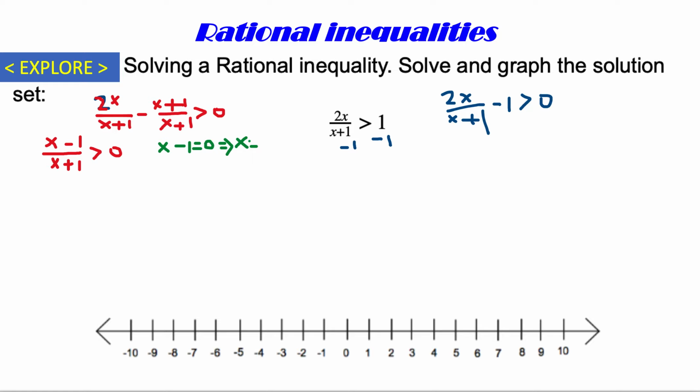Same thing I'm going to do with the denominator: x plus 1 equals 0, and solving for x, x is going to be equal to minus 1.